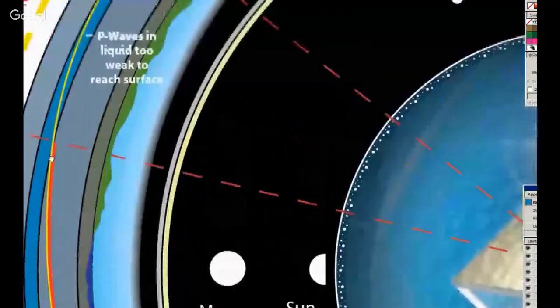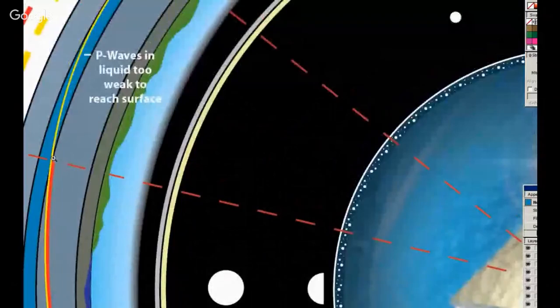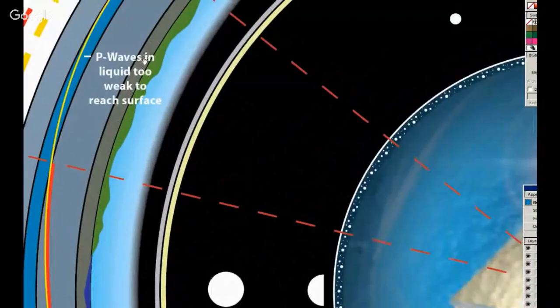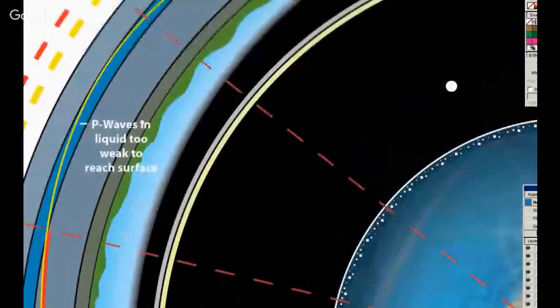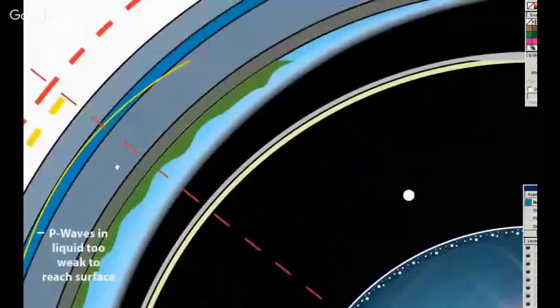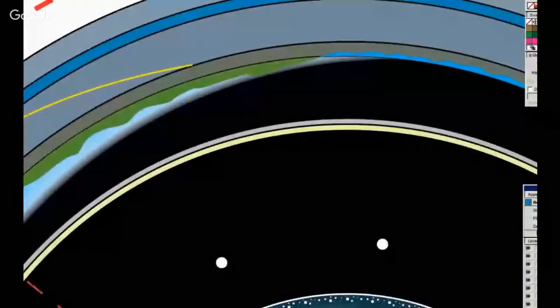Once it exits the mantle, the Moho, and enters the liquid state, you can barely hear any seismic activity whatsoever in the shadow zone. Especially, you cannot hear any S waves. But the P waves continue on, reverse back, and then hit the other side of the earth.